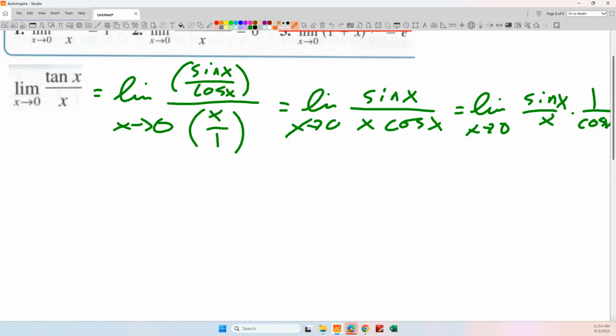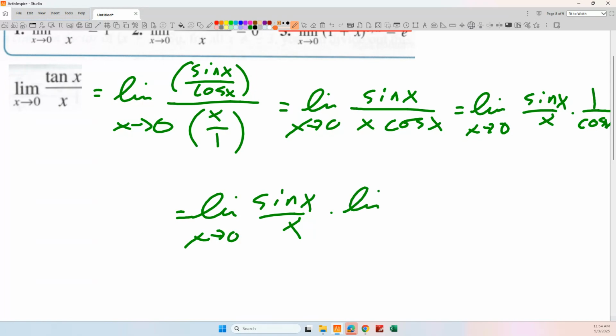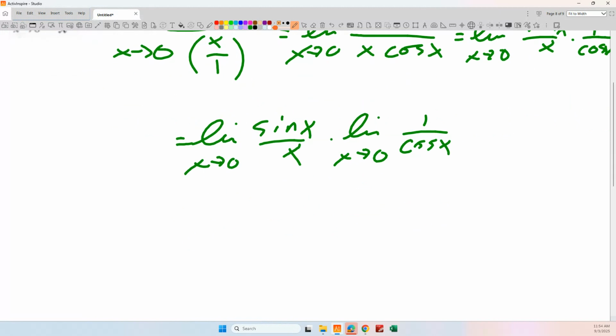The limit of a product is equal to the product of the limits. I can separate those into two separate limits. So I could write this as the limit of sine x over x as x approaches 0 times the limit of 1 over cosine x as x approaches 0. What's the value of that limit? 1. That's our special limit, right? So that one goes to 1.